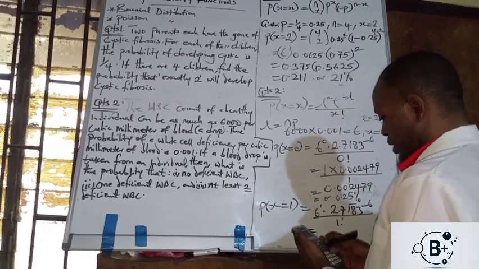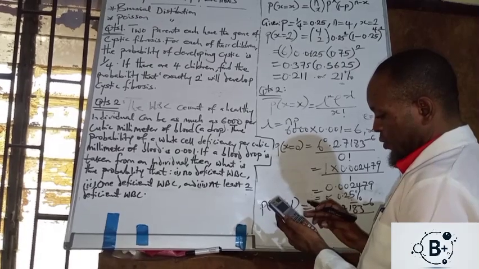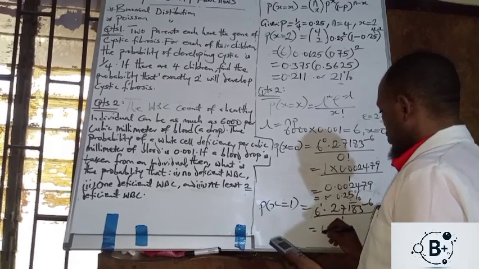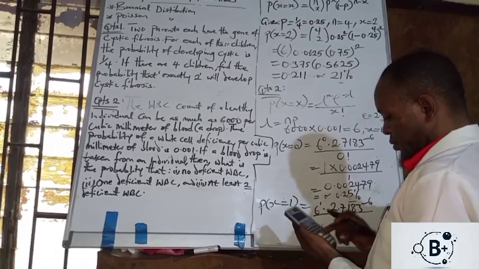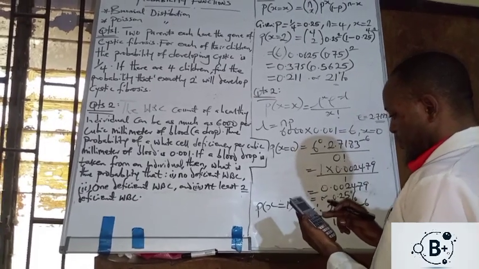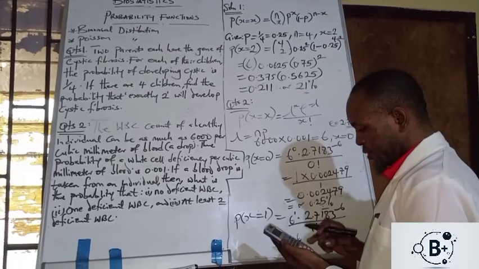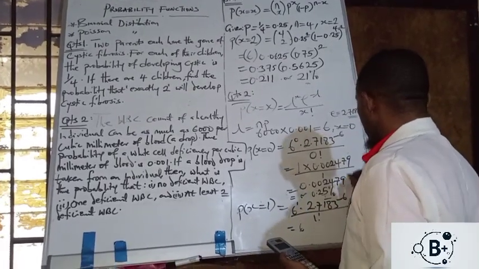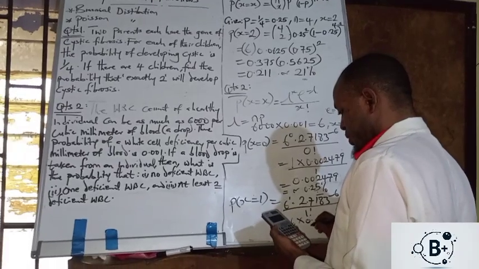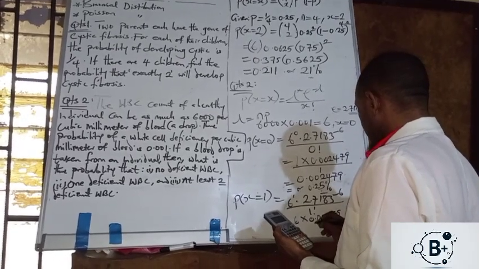So when we compute this now, we have 6 raised to power 1, which is still 6, times 2.7183 raised to power minus 6. We've done that calculation before, so that will give us 0.02479 over 1.